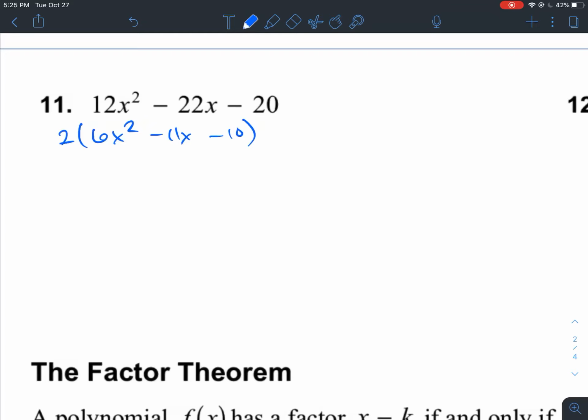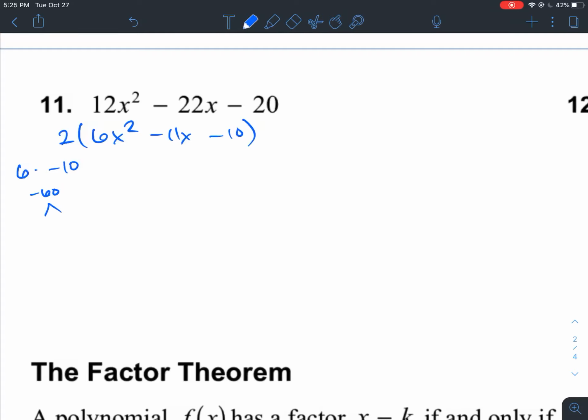Okay, so here a is not equal to 1, so I can't just simply find 2 items that multiply to be negative 10 and add to be negative 11, but I can do something similar. So instead I'm going to take a times c, okay, that multiplies to be negative 60. So now I want to find 2 numbers that multiply to be negative 60 and add to be negative 11.